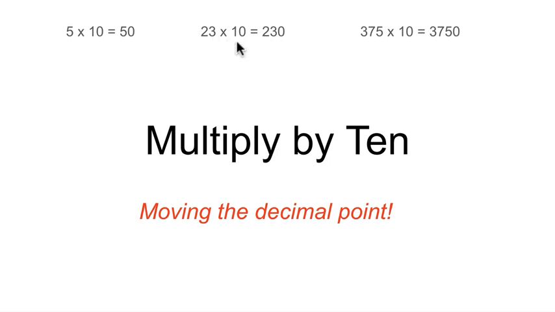Or 23 times 10, you just stick a zero on the end of 23. Well, that's true with whole numbers. But today in this video, we're actually going to look a little bit deeper into what's actually happening. And we are going to discover that you are actually moving the decimal point.